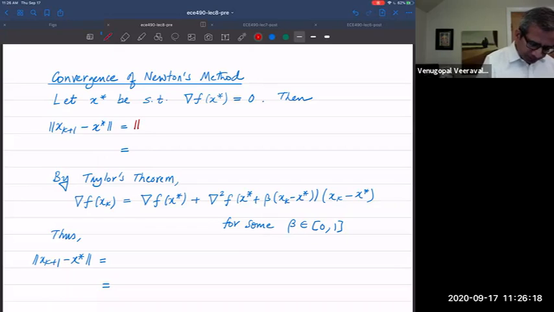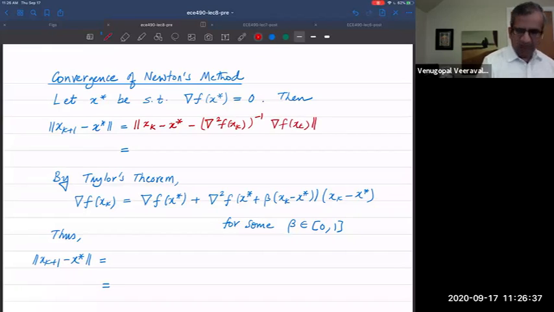Same thing, we expand xk plus 1 in terms of xk, which gives the expression for xk plus 1 in terms of xk. Now I'm going to write this in a slightly different form on purpose, using the same trick as last class, exploiting the fact that the gradient of f is 0 at x star.